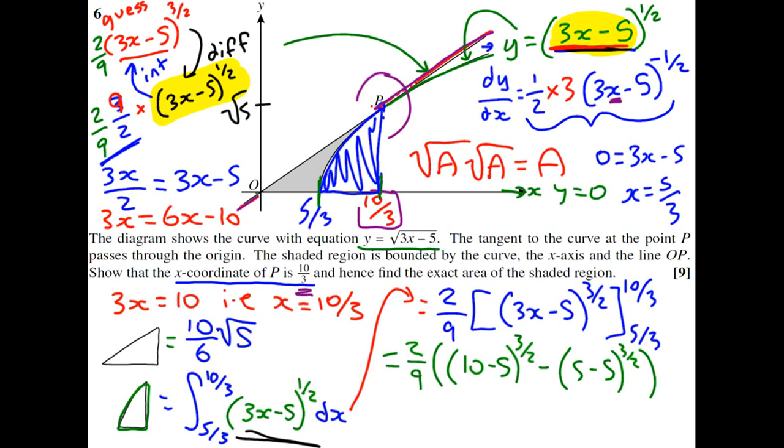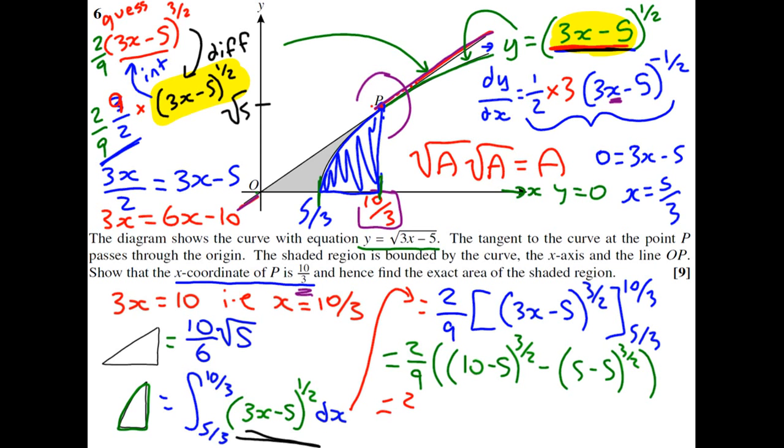And we're just going to have 2 over 9, I'll put this in my calculator now, 2 over 9 times 5 to the power of 3 over 2. Okay, now my calculator has given that as a decimal, so what I'm going to have to do is do it in surd form.